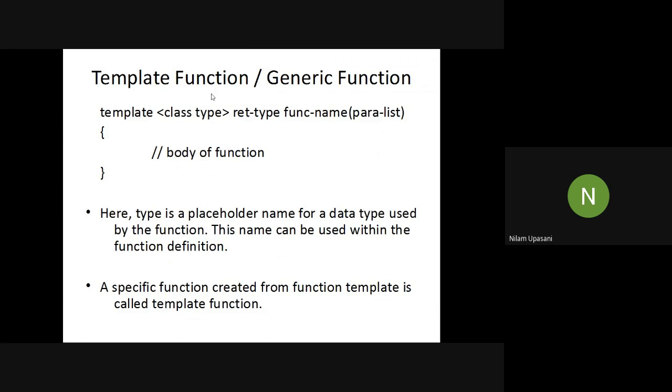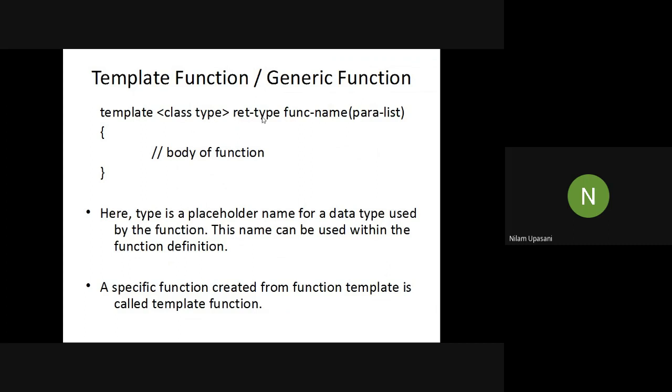So let us discuss template functions: how to write the code for your generic function, the syntax and all that. The syntax goes in this manner. I have already introduced how to create a template: the template keyword, then class and whatever template name you want to create. Now next is the function.